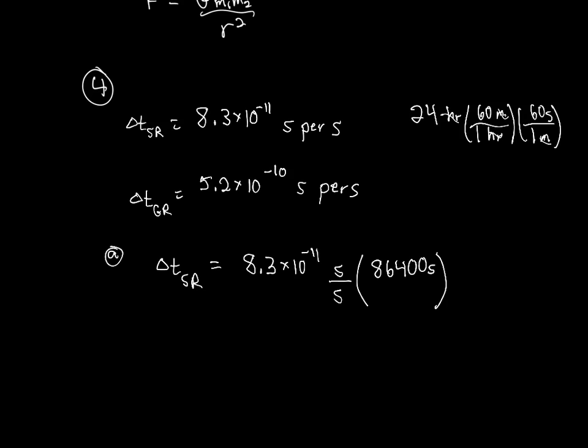Let me scroll down and see what that answer is. 8.3 times 10 to the negative 11 times 86,400. So what numbers do you guys get? Go ahead and plug it into your calculators.